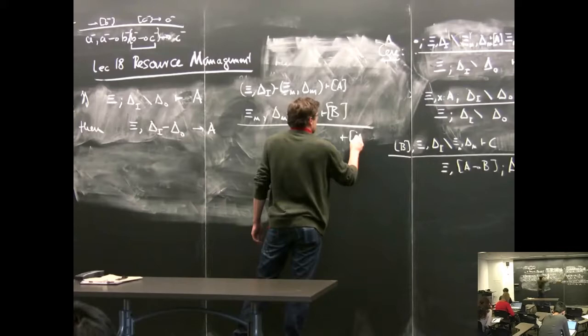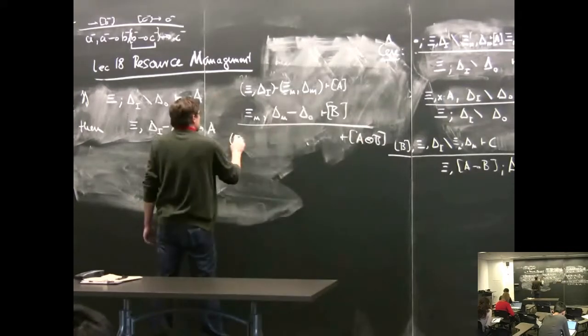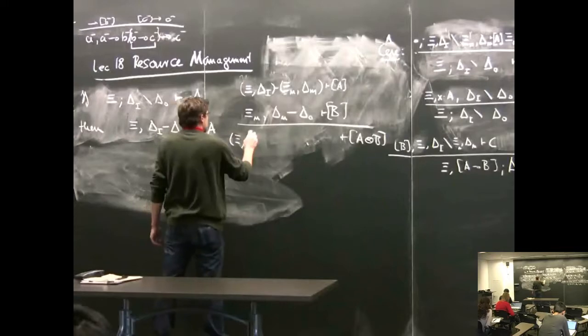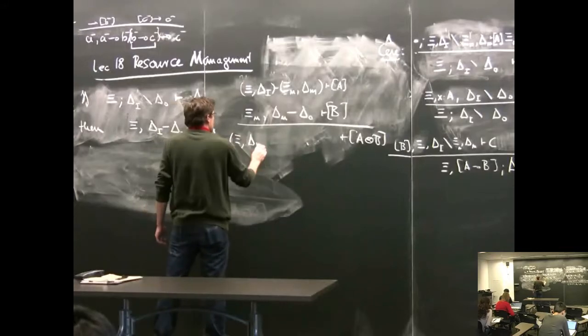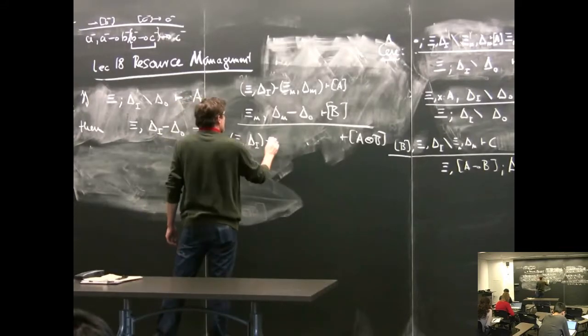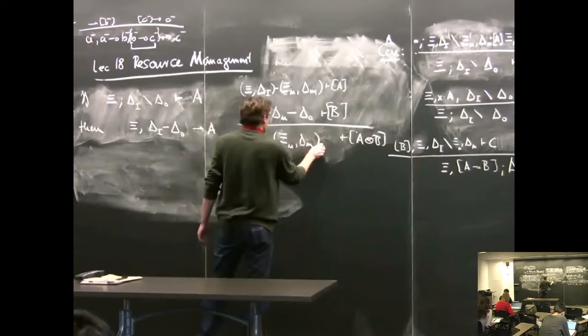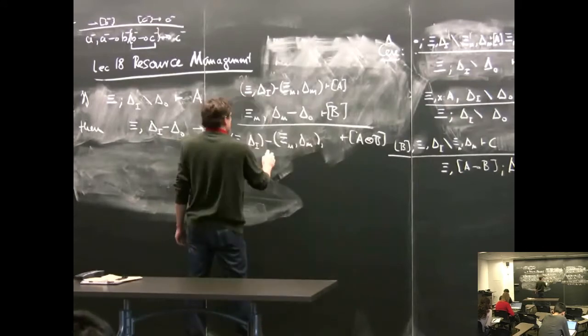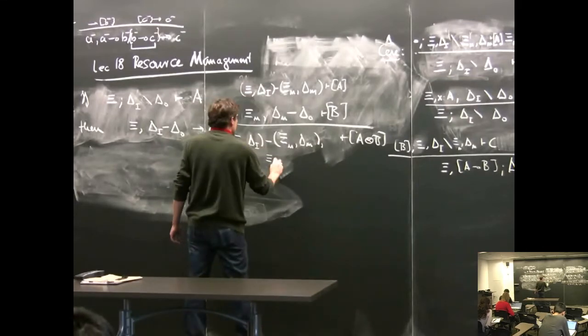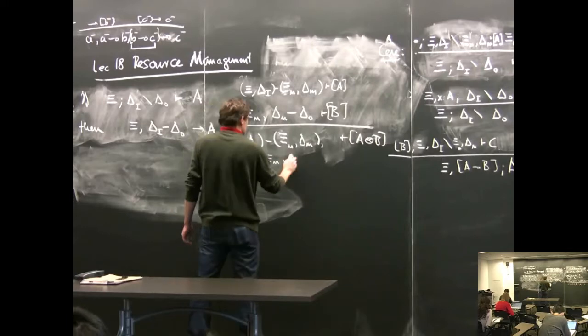We have to put this together with that. So that's psi together with delta input minus psi m together with delta m, together with psi m together with delta m minus delta O.